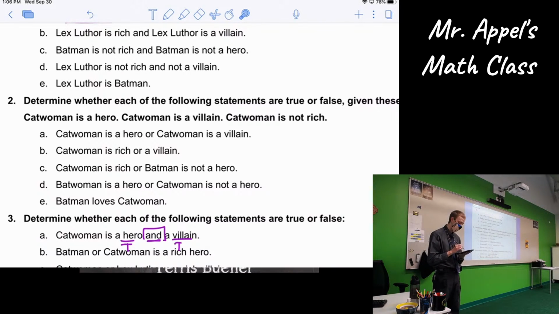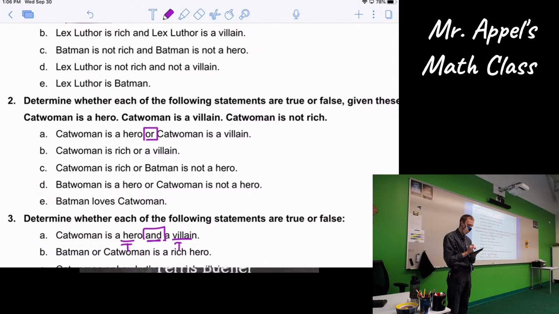We could say Catwoman is a hero or Catwoman is a villain. That sounds pretty reasonable. Like usually you think of those as being opposite. You can only be one or the other. But this is the inclusive or. We're not ruling out both here. So when you see or, you got to think, okay, check either side. As long as at least one of them rings true, I get to say the whole thing is true.